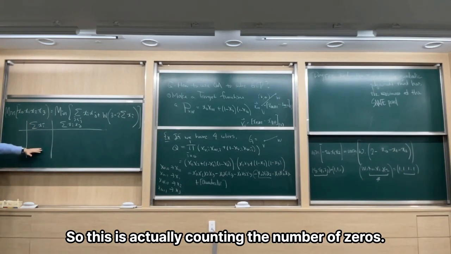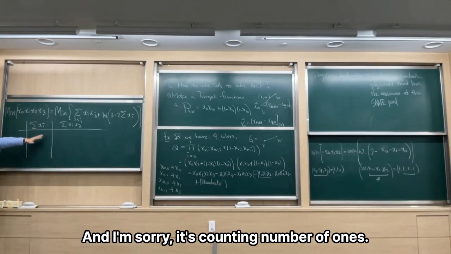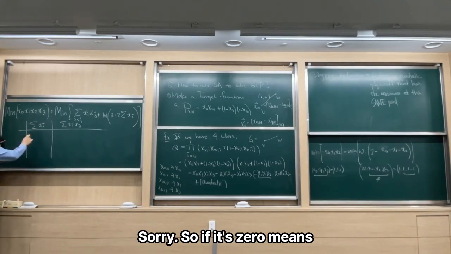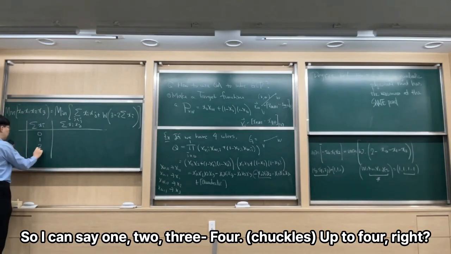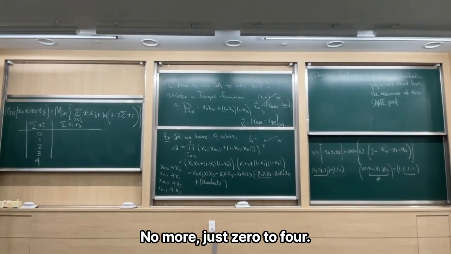So this is actually counting the number of zeros. Do you know what I'm saying? No, sorry, it's counting the number of ones. Sorry. So if it's 0, it means that there is no 1 in the list of x0 to x3. So I can say 1, 2, 3, 4, up to 4, right? No more, just 0 to 4.